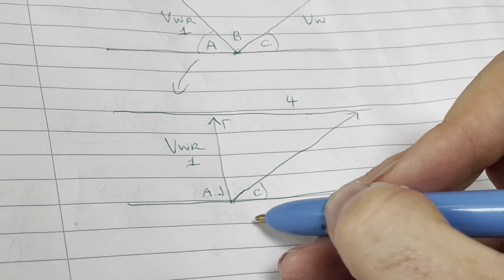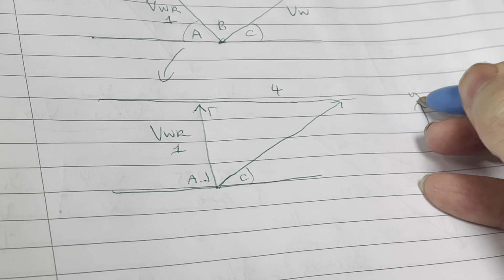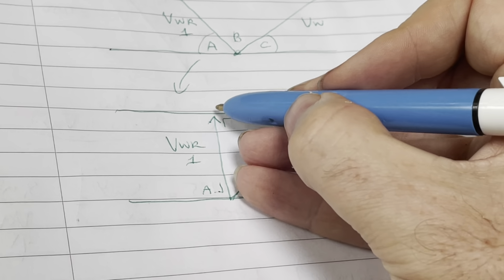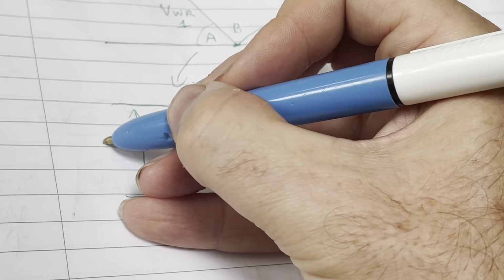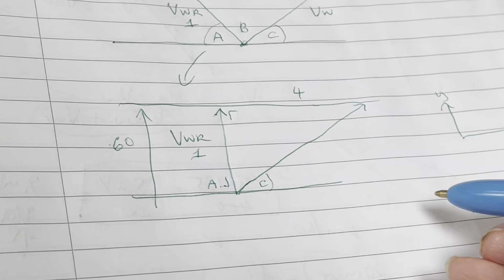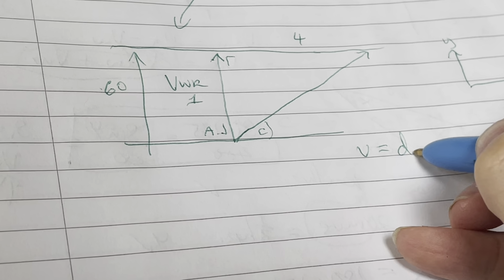And then, just like our projectiles, we look at things in the X and Y direction. All we're interested in is, we know the Y distance, which is 60. Is it? 60 it is, yeah. So velocity is equal to distance over time.